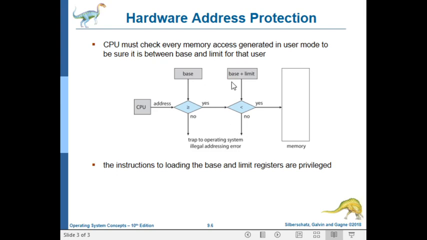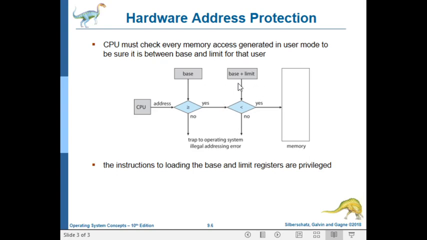Meaning the CPU will compare the address generated in user mode: is it greater than or equal to the base register? If yes, it continues to the next check. If no, meaning the address is less than the base register, it will treat the address as a fatal error.